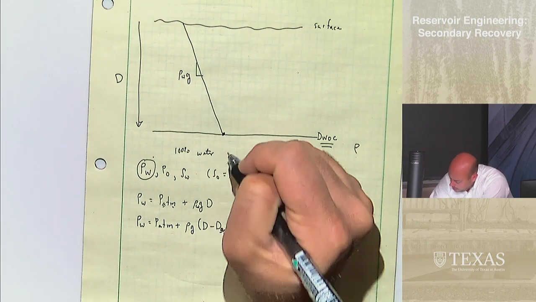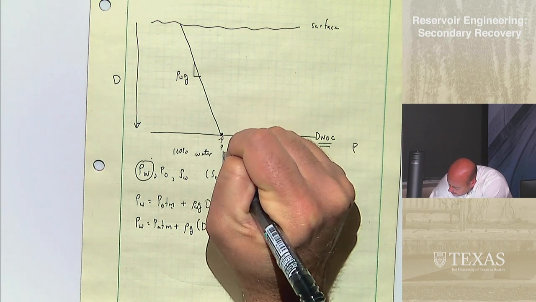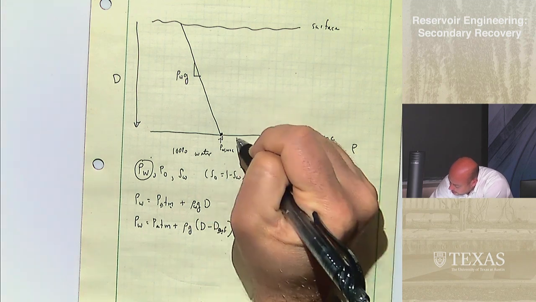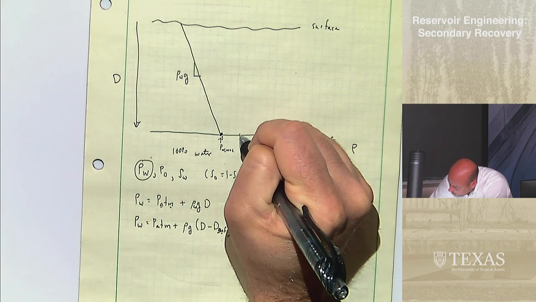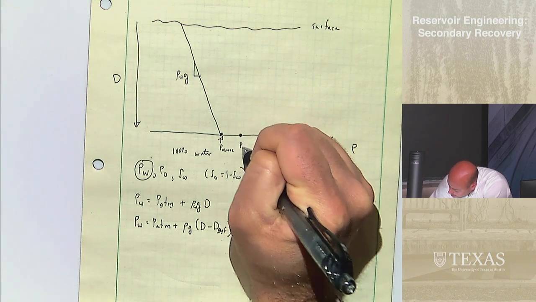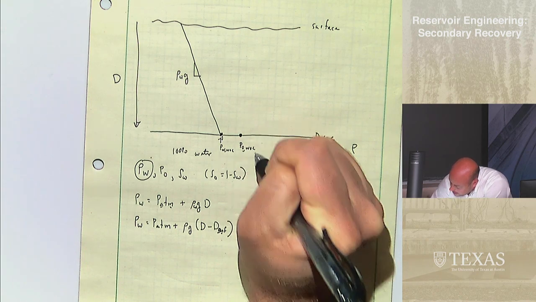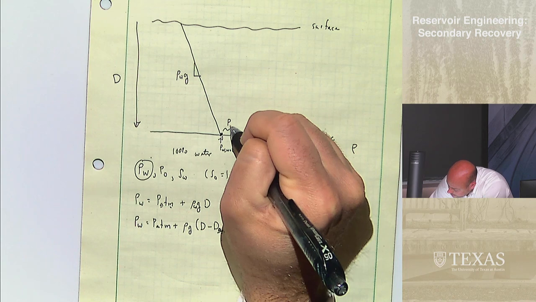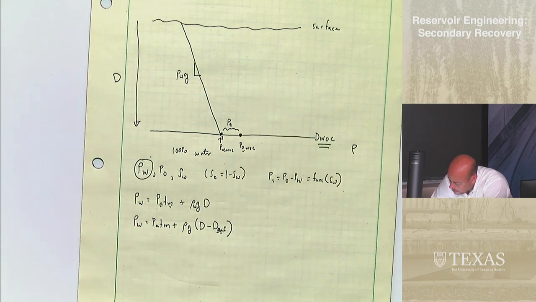Now, once you know P at the water-oil contact line, you can determine pressure of oil at the water-oil contact line, PO of water-oil contact. And this difference right here is equal to, sometimes I call it PE, sometimes I call it PD, but it's the capillary entry pressure. Remember what that was?